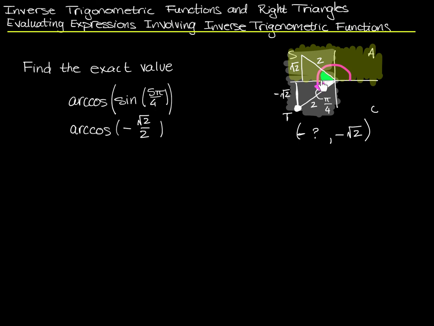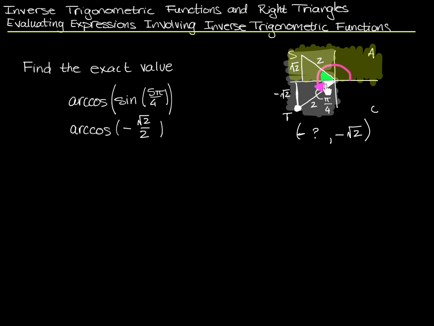Now the cosine is adjacent over hypotenuse, and that means this is going to need to be negative as well, but it is because of where it is on the x-axis. In fact, that's why we can only work with these two quadrants if we want our cosine value to be negative. This is our cosine value. We need to find out what the angle is that gives us that cosine value. Well, we kind of already know, right? There's pi over 4.